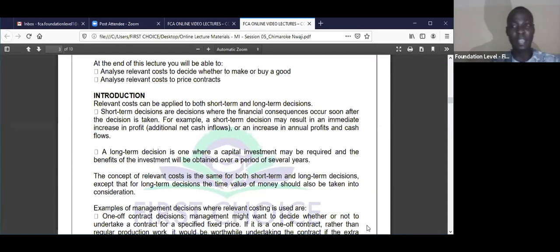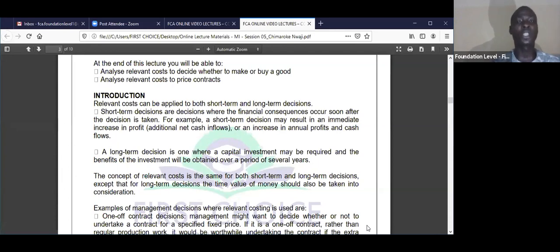We did that a bit last week when we did relevant costs. So I want us to keep our mind open on what we did in topic number 4 when we talked of relevant costs. We saw all those costs that are relevant. These relevant costs can be applied to both short-term and long-term decisions.